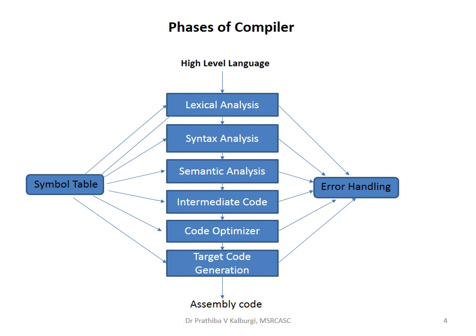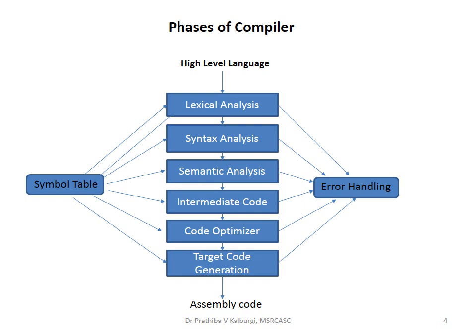Now coming to the phases of the compiler, as you see in the diagram, we have the high level language. This high level language is sent to the lexical analysis phase. The lexical analysis phase takes the program, reads it and finally converts it into tokens, called a stream of tokens, which is then given to the syntax analysis phase.